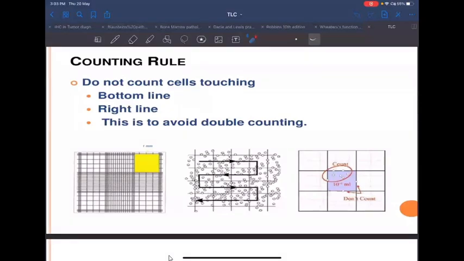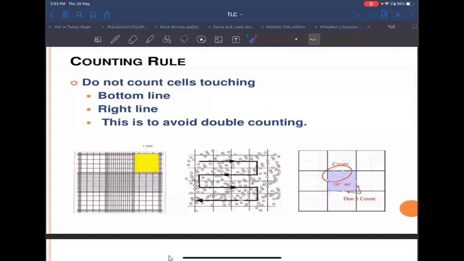If two cells are together, the one which is on the interface will be counted in the second cell and not the first cell, and it is in a zigzag manner. So this is the square in which WBC counting is done.